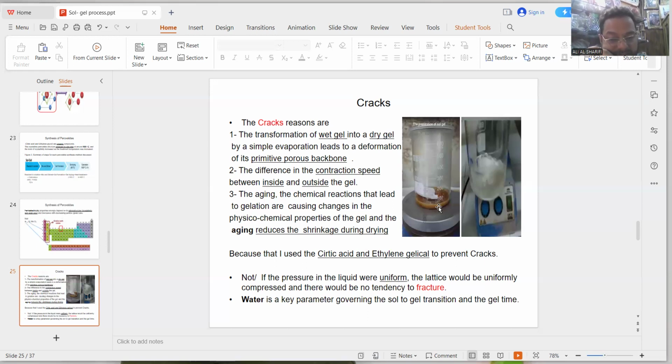Water is a key parameter governing the sol to gel transition and gel time. It's important to this process, the sol to gel transition and gel time. And it has another advantage. I will say it in the next slide.